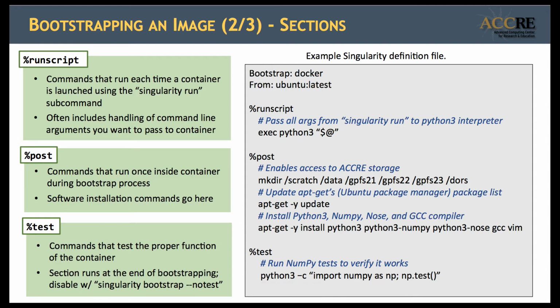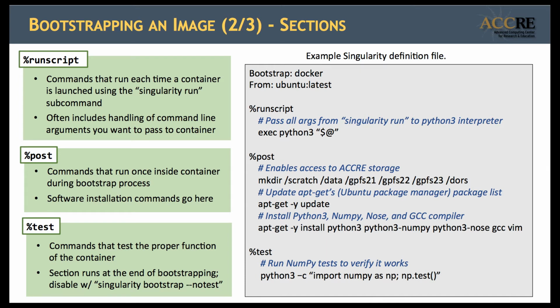So that's the post section. And this is a pretty simple example. This section can get a lot lengthier depending on what you're needing to install. But if you're going to be building things by hand, like doing a configure, make install, for example, that would be done from within here. A few rules of thumb.